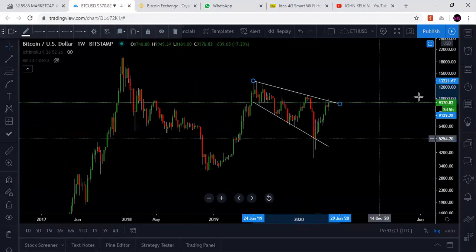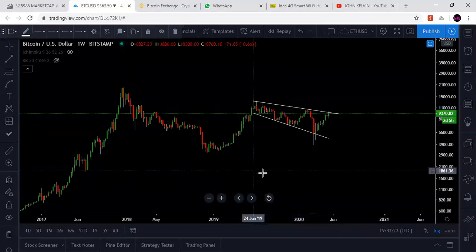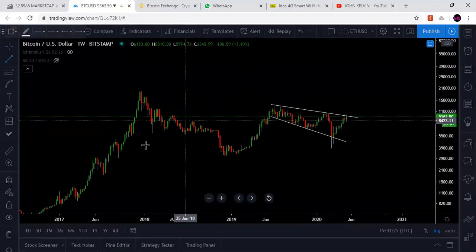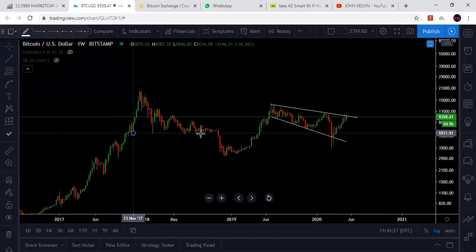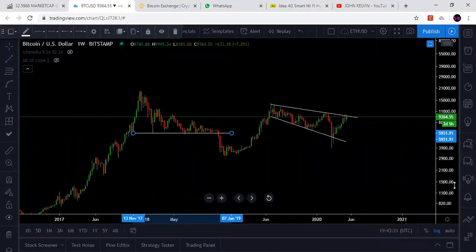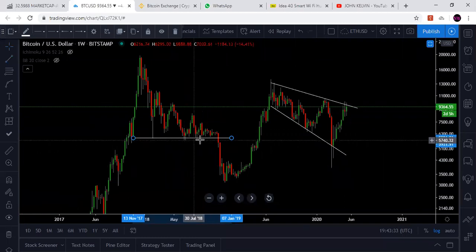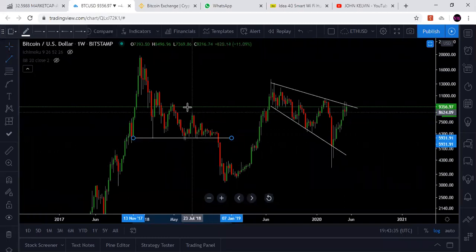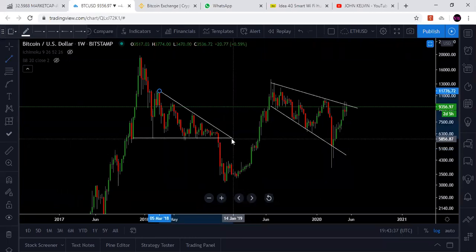I will show you guys an example here. If you look here, before we had that big breakdown from this descending triangle, we got this rejection wick here.